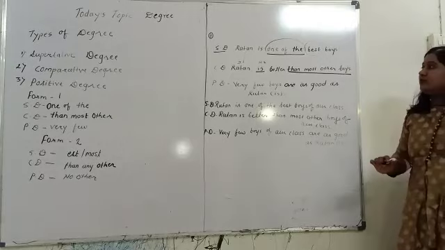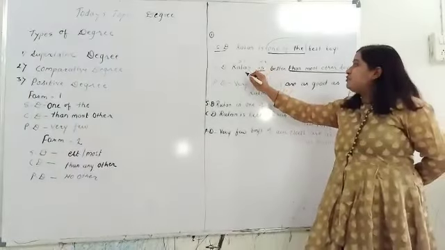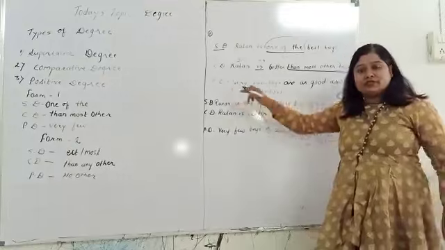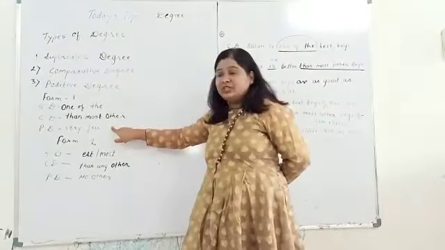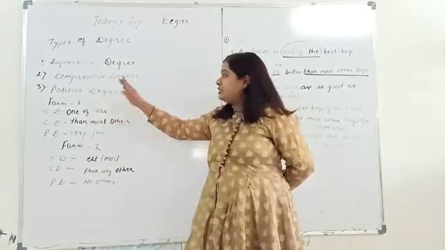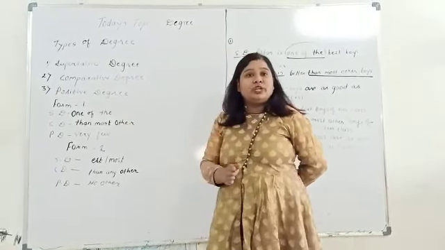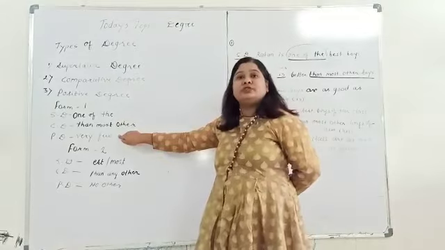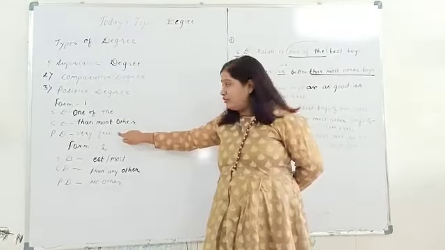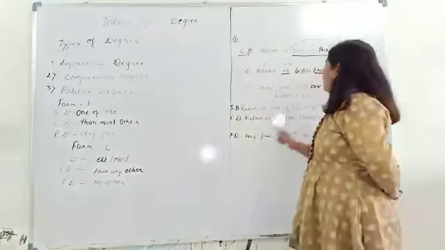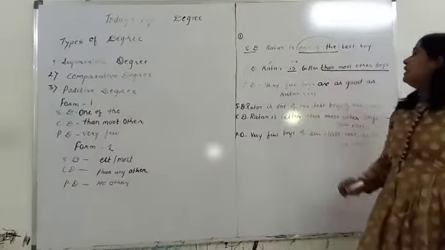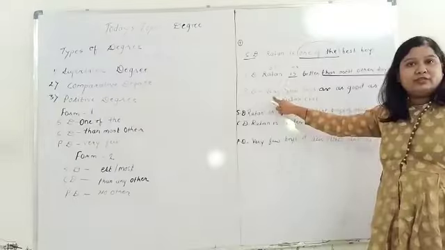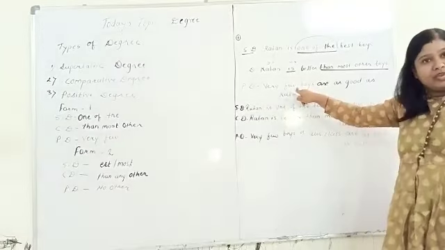Understood? Now it is time to transform this sentence into positive degree. We will move towards our formula. In our formula it is mentioned that if one of the is there, in comparative degree we should take the most other, and now in positive degree we are supposed to take very few. So we will take very few.